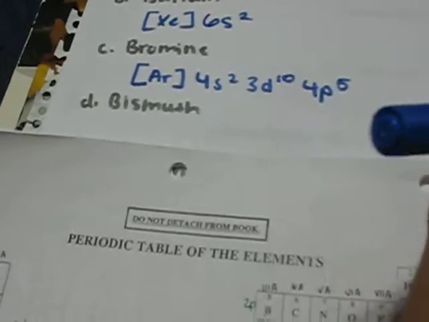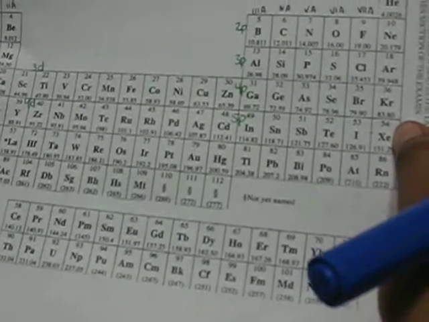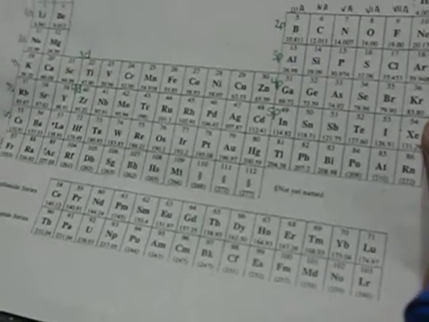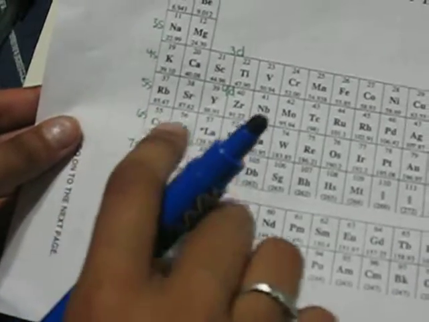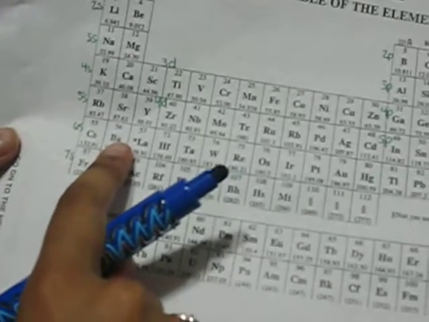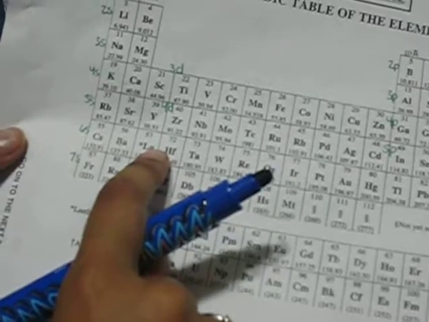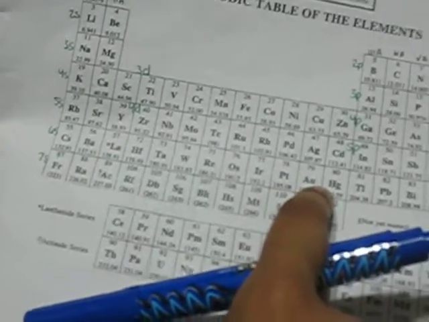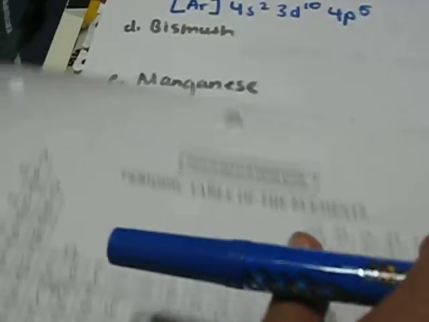The next one is bismuth. Bismuth comes after xenon, and that's the noble gas before bismuth. And to get to bismuth, you have to complete 6s2, and then you have to complete 4f14, 5d10, and then a 6p3 level.